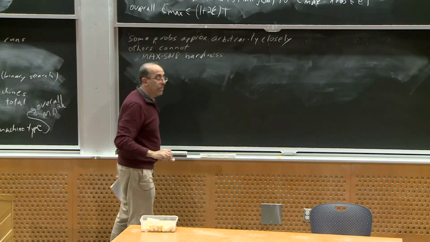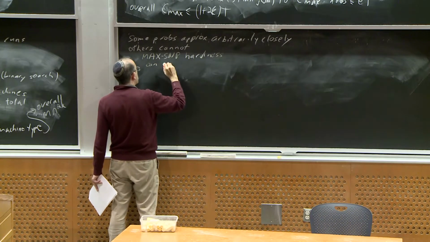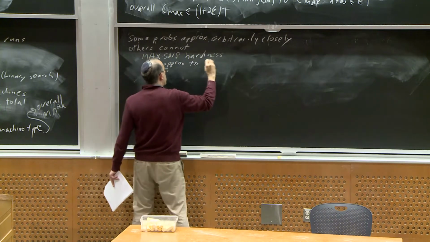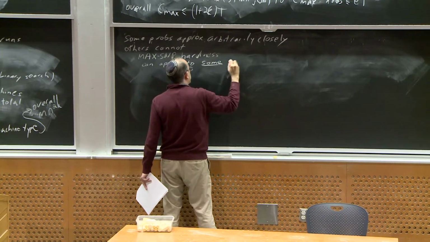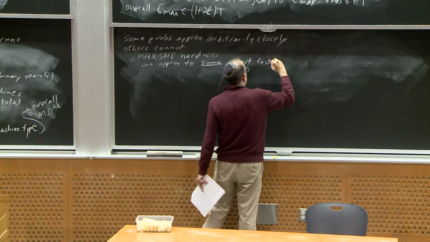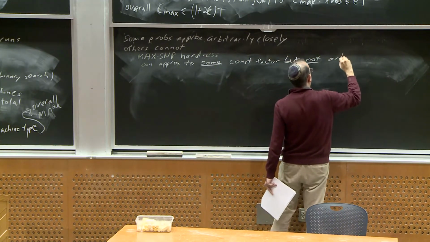So problems that are max SNP hard, they can be approximated to some constant factor, but not to arbitrary constant factors.